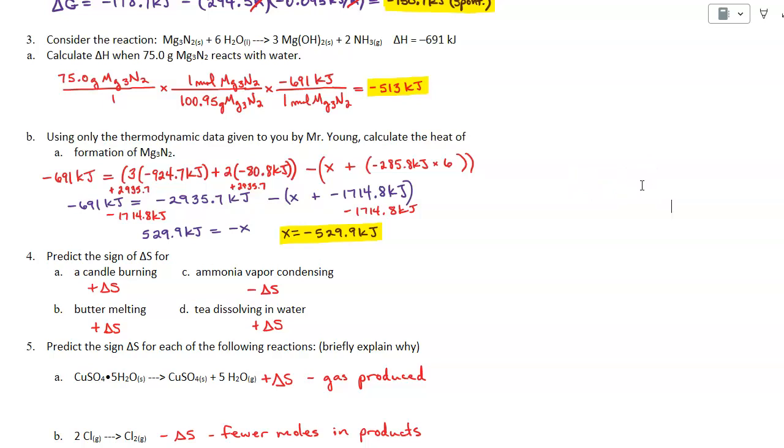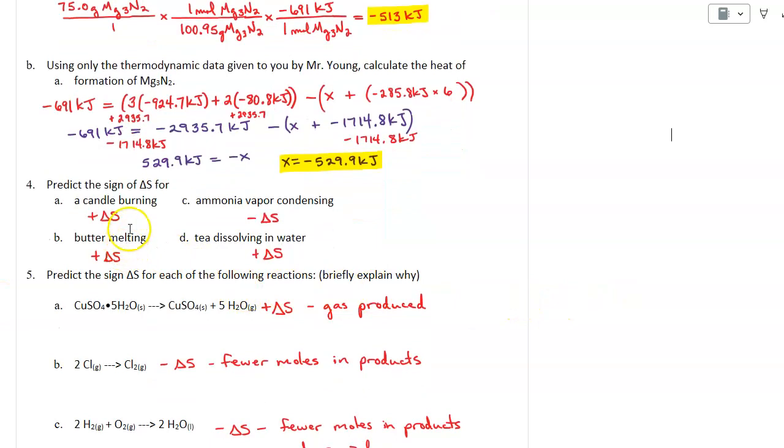All right, and then the last problem, or two questions there, we're just asking you to predict delta S. So a candle burning, you're going from, well, I guess technically a liquid paraffin, the wax melts before it burns, but either way, whether it's a liquid or a solid, when it burns, the products are just gases.